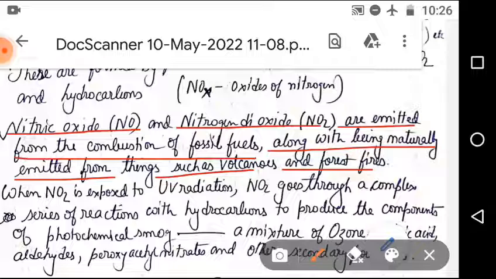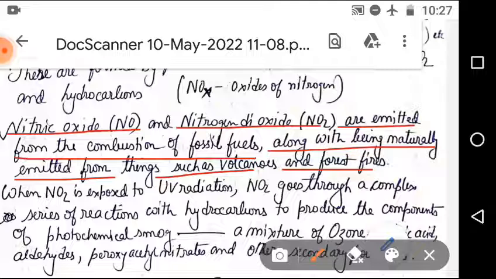Our fossil fuel is not completely burned, and as a result these types of gases are released. By the way, nitric oxide and nitrogen dioxide are also emitted from volcanic eruptions and forest fires. Volcanic eruption is not occurring continuously, but it contributes to this nitric oxide and nitrogen dioxide formation.